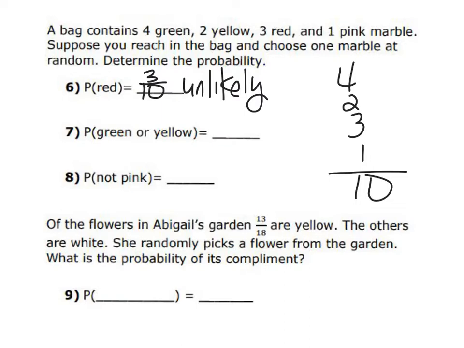The probability of getting green or yellow. You have 4 green and 2 yellow, so that's going to be 6 out of 10. Can we simplify that? To what? 3 out of 5. Is that likely or unlikely? That's likely.